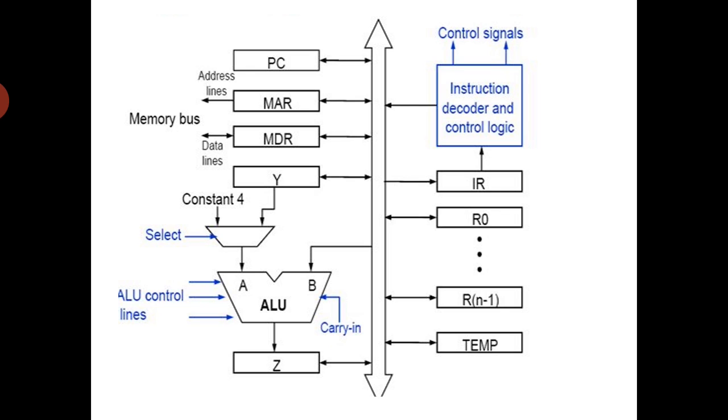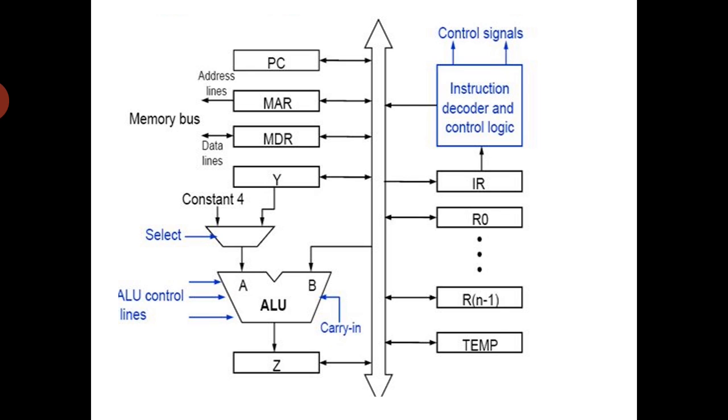If my ALU performs 16 operations, in that condition the ALU will have 4 control lines. Depending on these control lines, the ALU will select the operation. After completion of the operation, the result is stored in the temporary register Z. From this Z register, the result is transferred to the corresponding destination register.